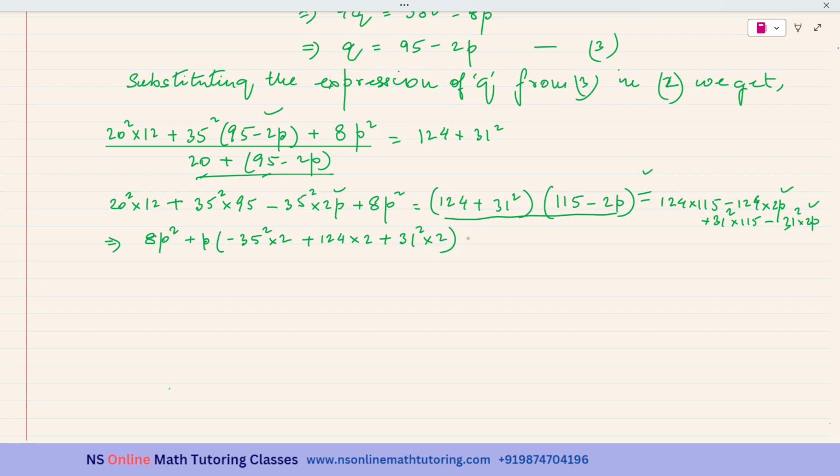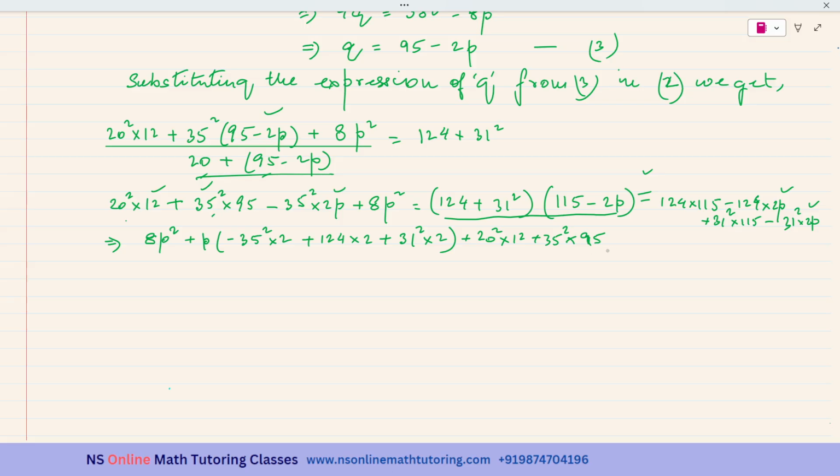Regarding the constant terms, first of all, we are having these two constant terms. So plus 20 squared times 12 plus 35 squared times 95. I'm not doing these calculations because the calculator will be doing these calculations for me. I don't need to spend any time for doing these calculations and writing the products.